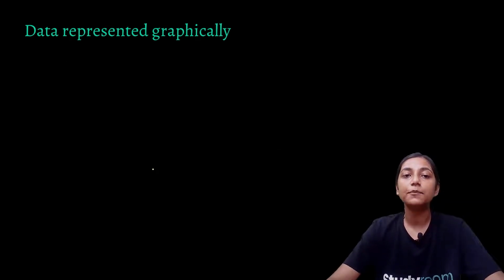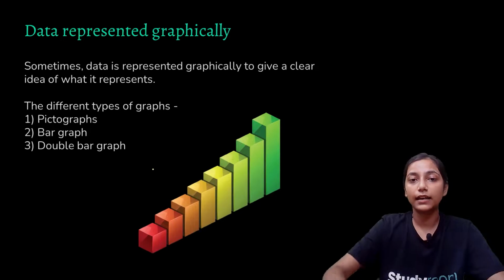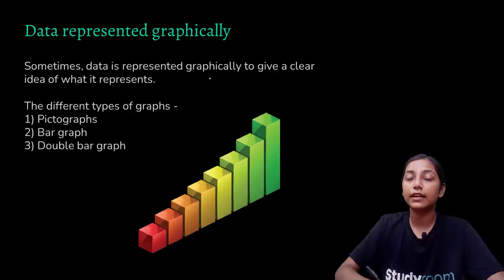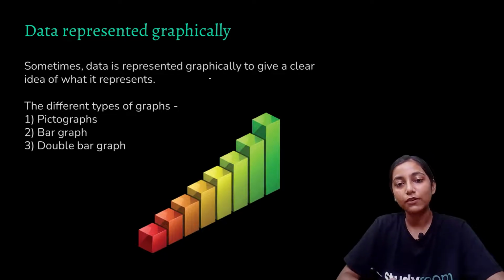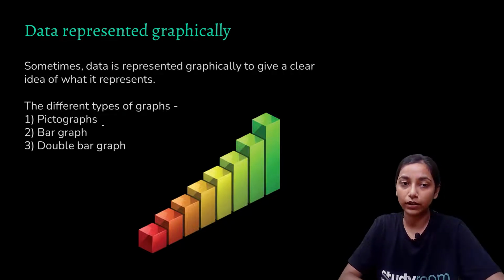Now, data represented graphically. We are going to represent data now graphically. Sometimes data is represented graphically to give a clear idea of what it represents. So when we are showing or representing data graphically, then it gives a better and a clear idea of what we want to represent. The different types of graphs are pictographs, bar graphs, and double bar graphs.